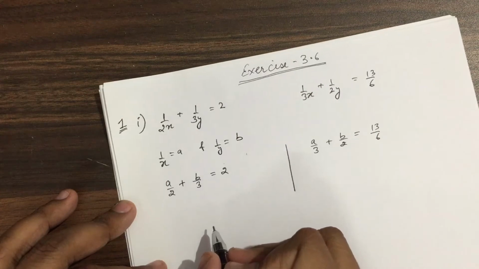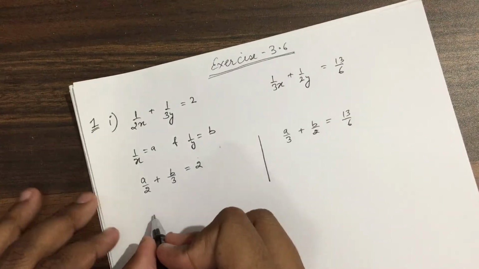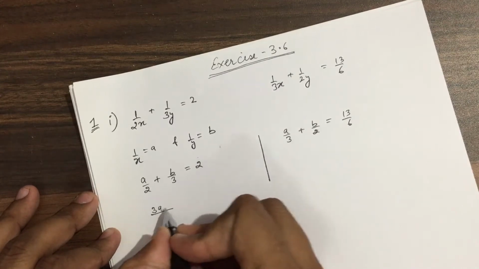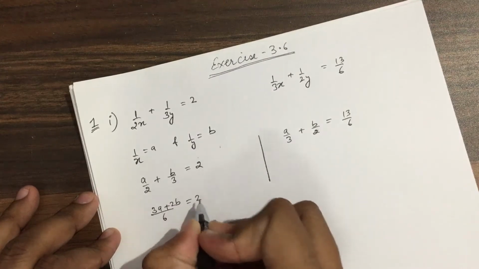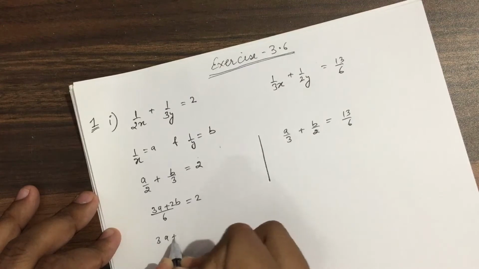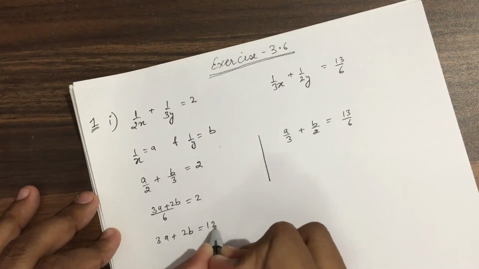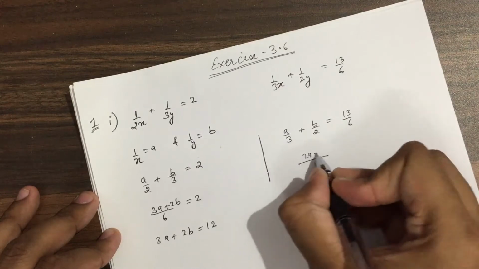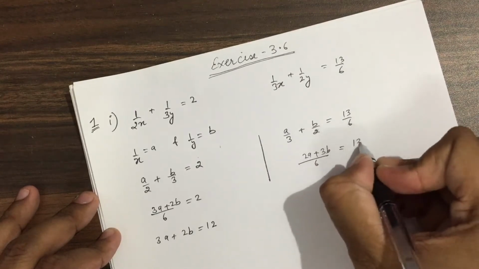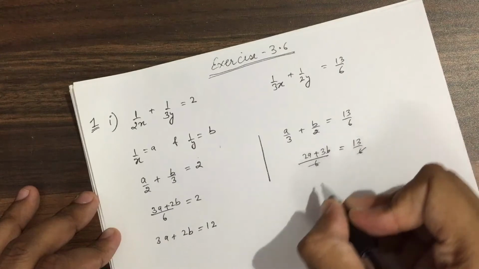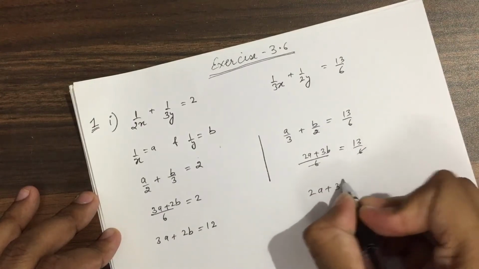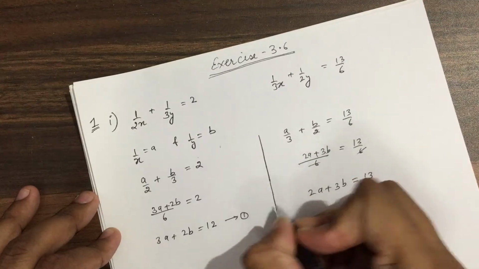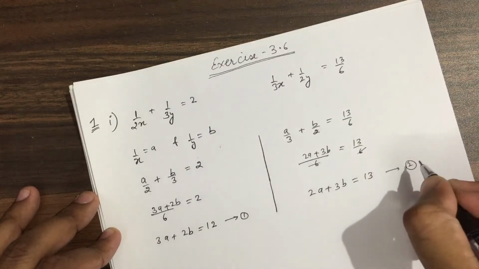On further simplifying, we take LCM 6. So it will be 3a plus 2b equal to 12. Similarly, take LCM 6: 2a plus 3b equal to 13 upon 6, 6 will cancel, and this gives 2a plus 3b equal to 13. Mark it as equation 1 and equation 2.